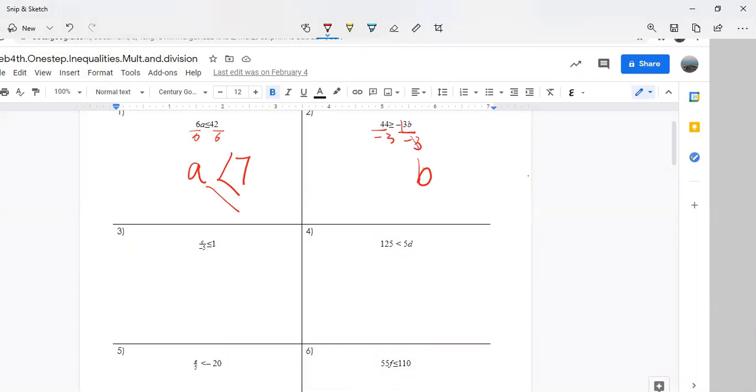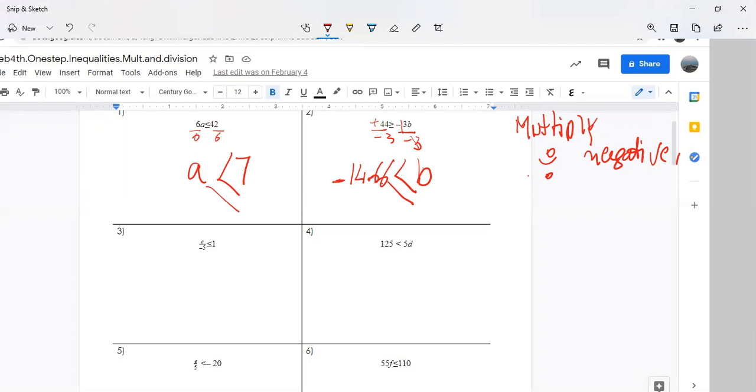When you multiply or divide by a negative number, you switch the inequality symbol. So I'm going to switch it like this. Then I just have to do 44 divided by 3, and I get 14.66. A positive divided by a negative is a negative, so this is negative 14.66.